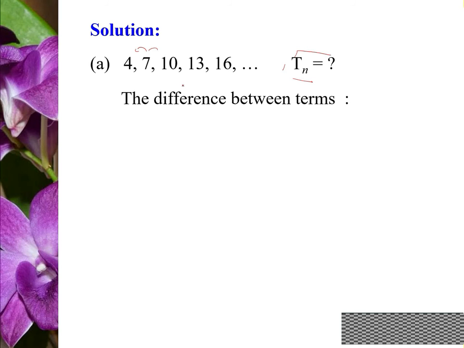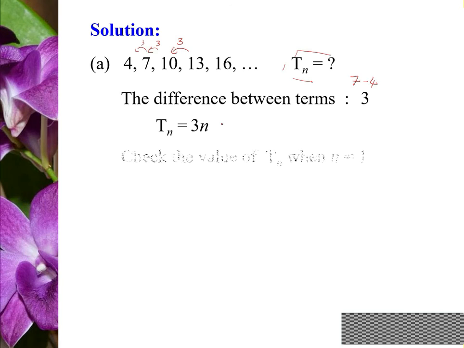The difference between the terms: 7 minus 4 is 3. Or you can also check 10 minus 7, the difference is also 3. 13 minus 10, the difference is also 3. So that means we can write our first conclusion to be Tn equal to 3n.